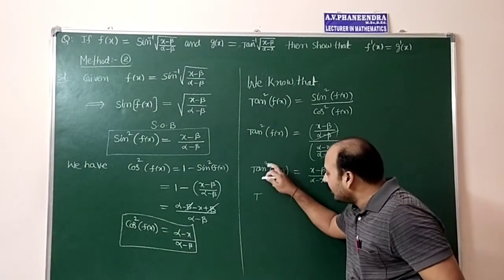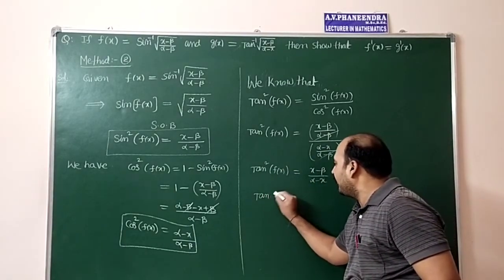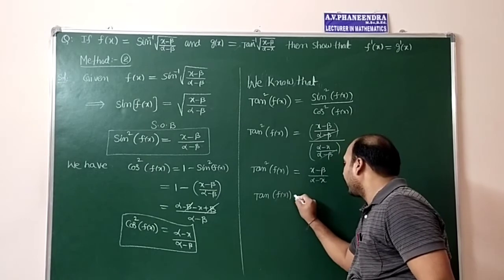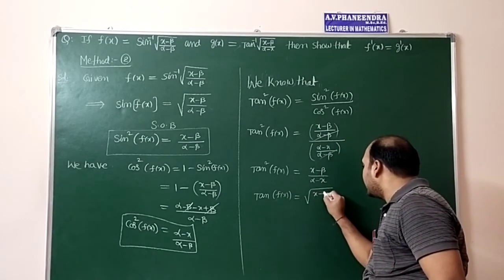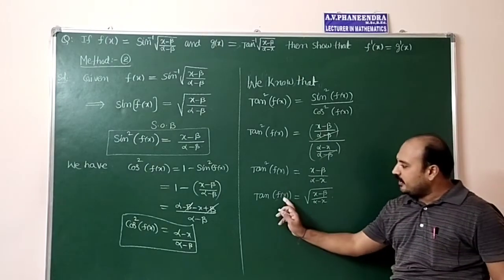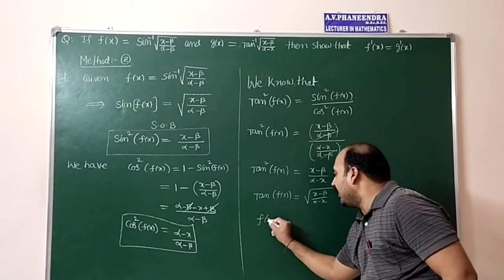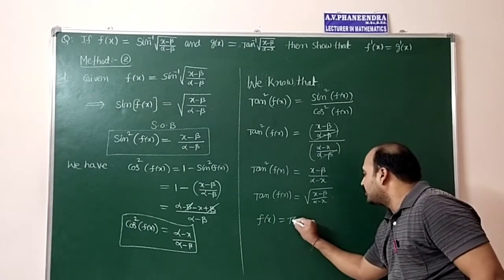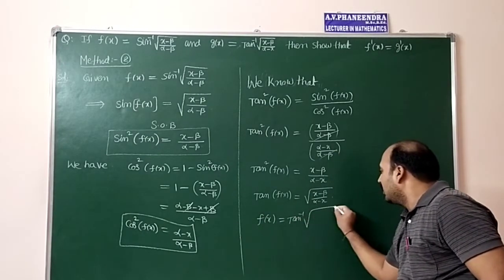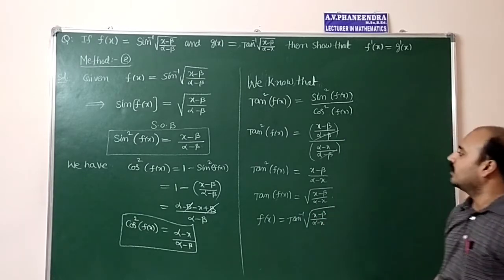So if we remove square here we are getting square root. So tan of f of x is equal to square root of x minus beta divided by alpha minus x. If you want to get f of x, we can take this as tan inverse. Therefore, f of x is equal to tan inverse of square root of x minus beta by alpha minus x.